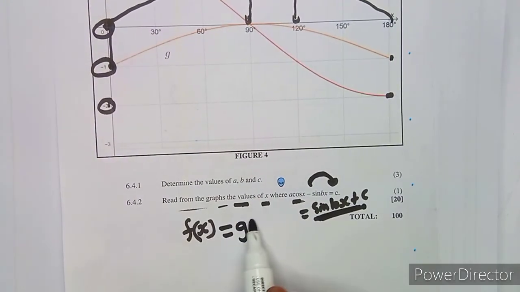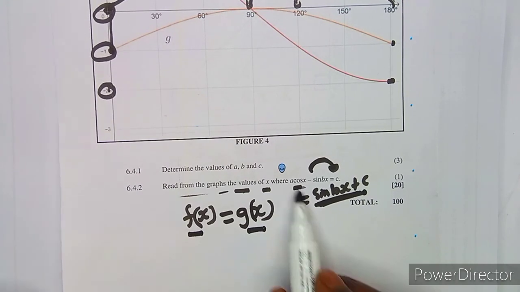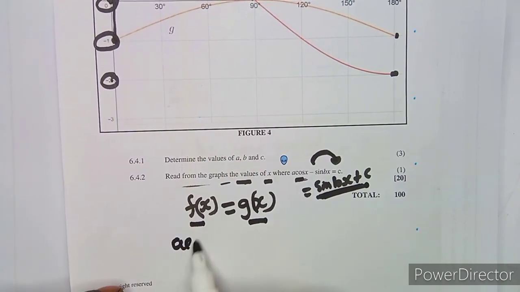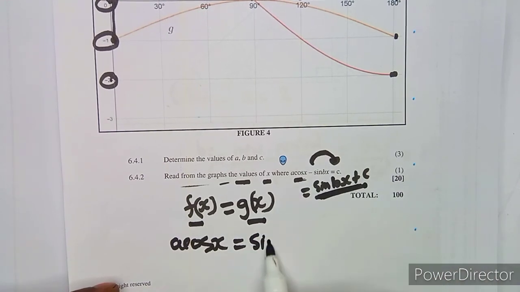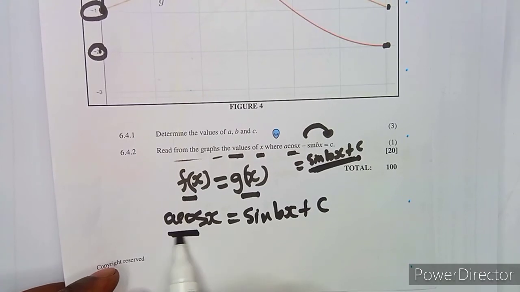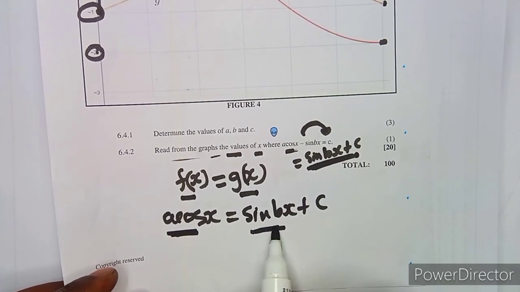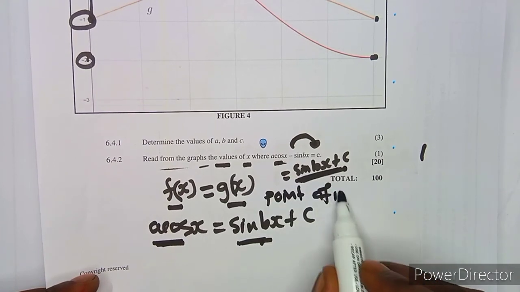So we want the values of x where f of x is equal to g of x, because a cos x is equal to sine bx plus c. That is the point of intersection.